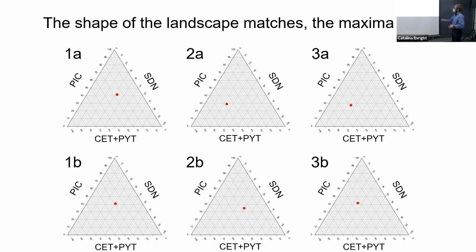Here they match pretty well, but here not so much, and again here not so much, like only 30% allocated to the population improvement cycle versus 42%. So the shape of the landscape would match, but the maxima didn't.